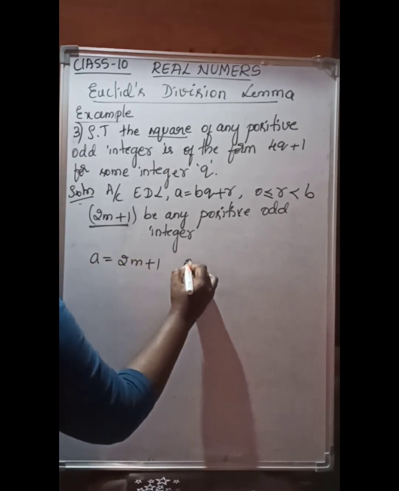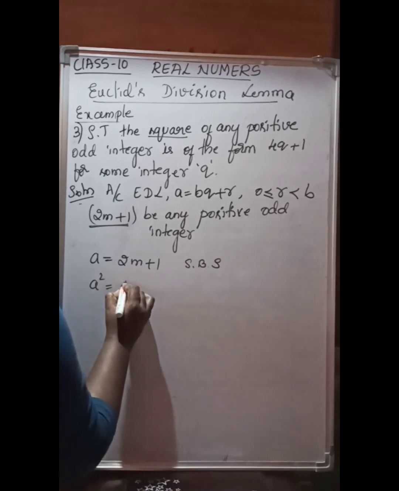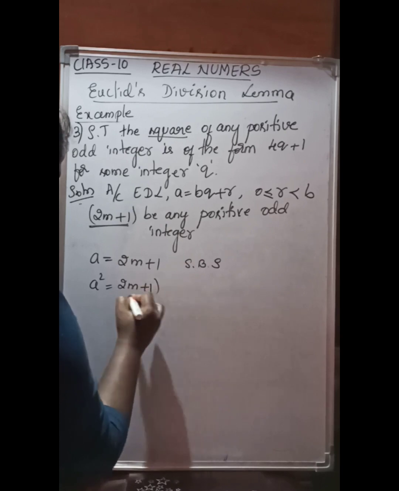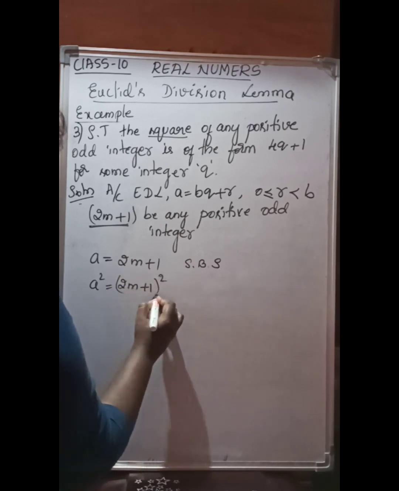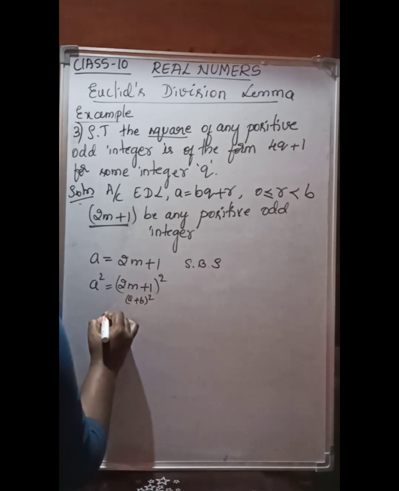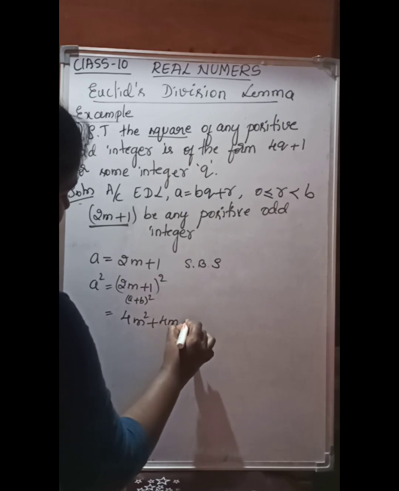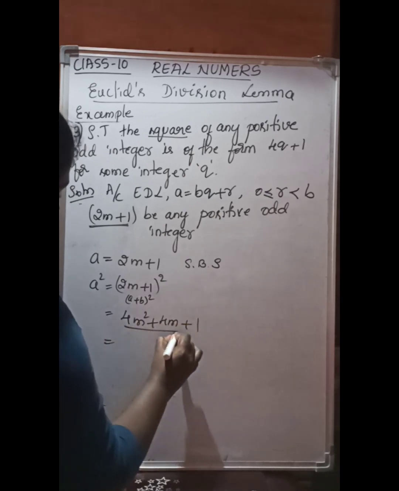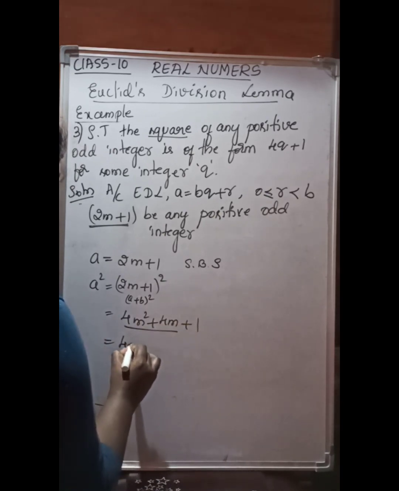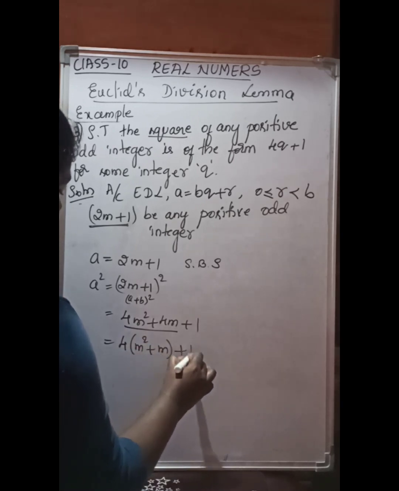Now square on both the side. What will happen? a square equals 2m plus 1 whole square. Now it is in the formula a plus b whole square, right? So expand. It will become 4m square plus 4m plus 1. Now from this take 4 as common, 4 times m square plus m, plus 1.